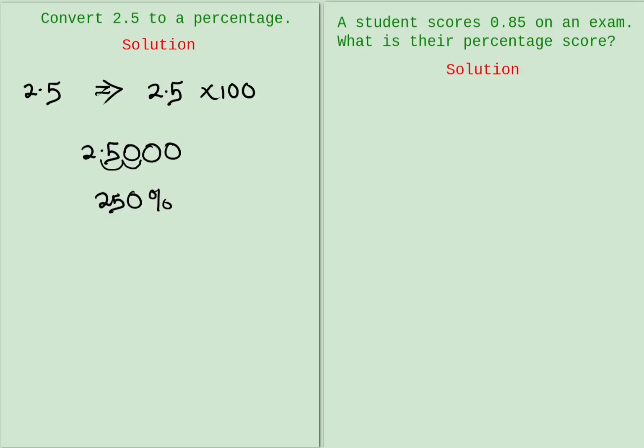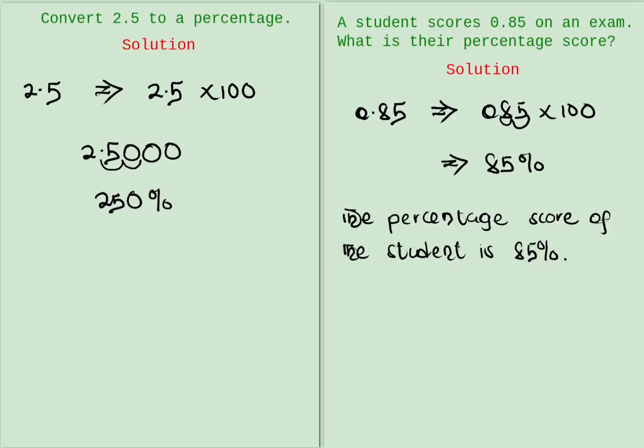To change it into percentage, we multiply by 100. Multiplying by 100, as we have said, we move the decimal point just twice. And that gives us 85%. So the percentage score of the student is 85%.